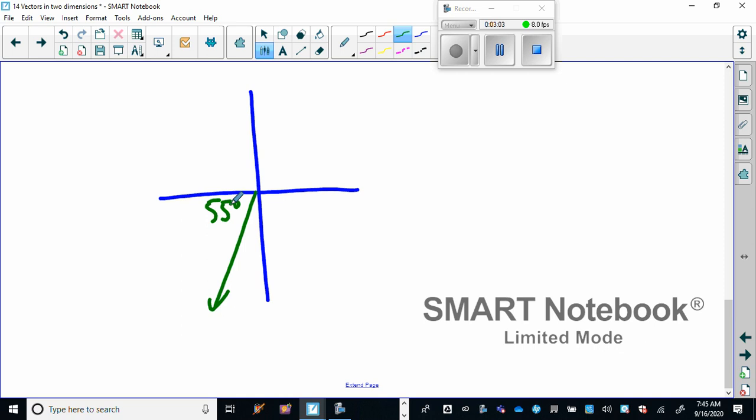Then we know that this is west here, and this is south. The vector is in between the south and the west. So you can't just say 55 degrees southwest. Since it starts at the west, and the angle is in here, the best way to do it is probably west, 55 degrees south. So we start at the west, and then we go 55 degrees towards the south.